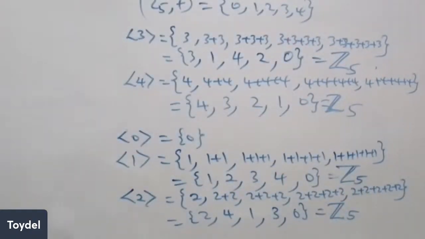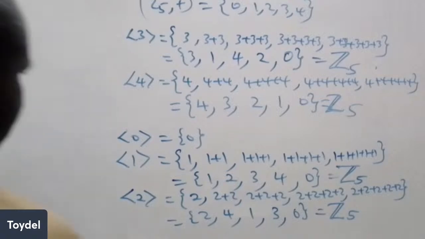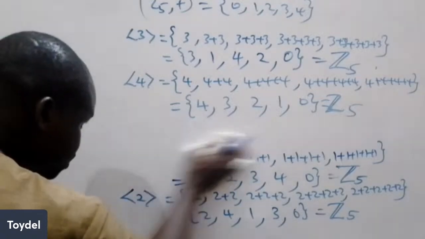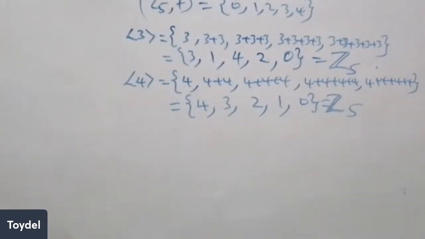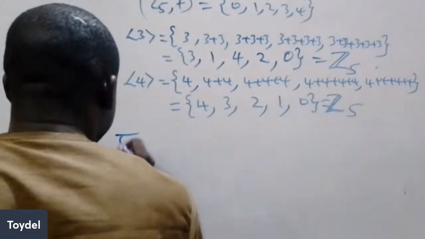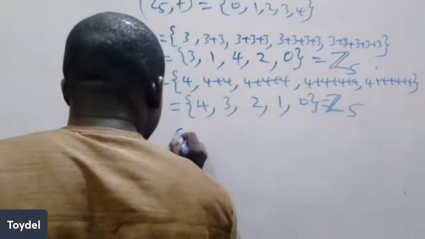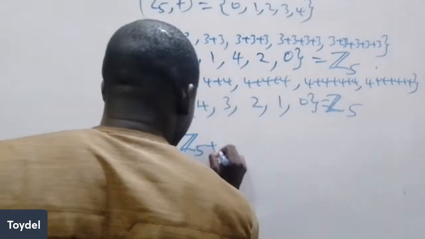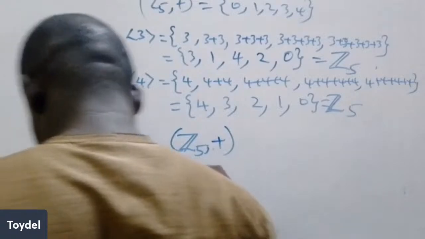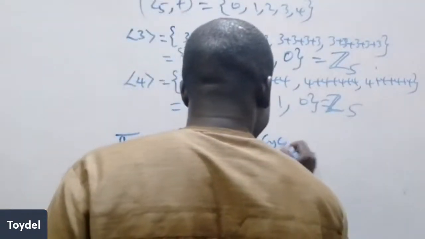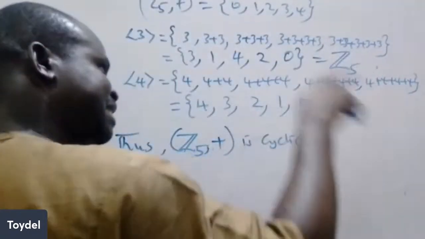So in this case now, what are the generators here? Apart from the first one, that is 0. 0 is nothing, so we can't get anything from it. So we can conclude and say thus that the group Z5 under addition is cyclic, because we keep getting the same answer.